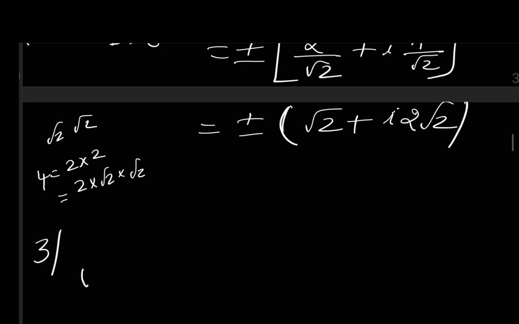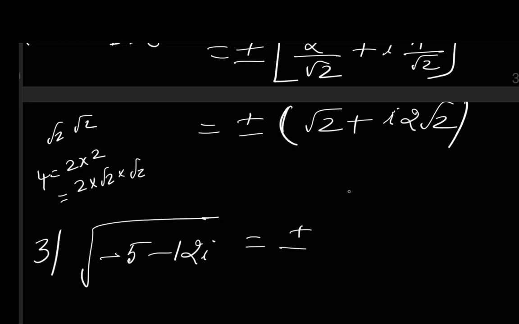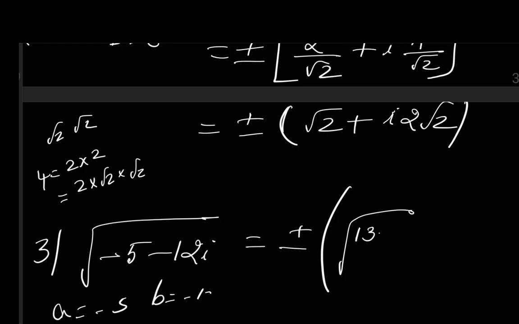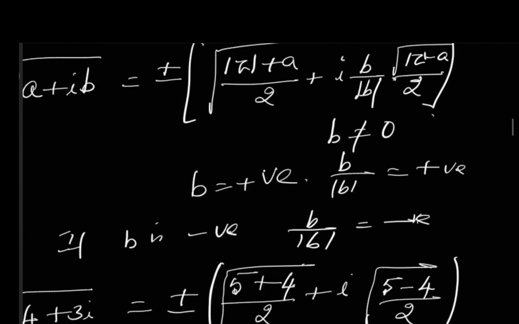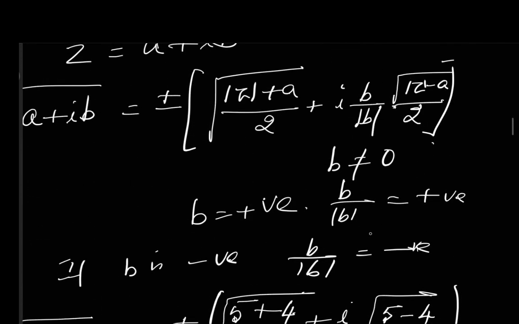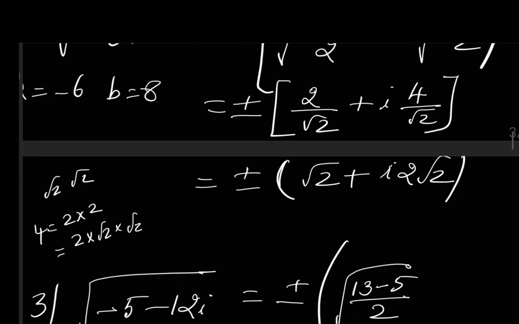Third sum, root of minus 5 minus 12i. This is equal to plus or minus root of modulus z. Modulus z is 5 square 25, 12 square 144, 169. Root of 169 is 13. Then a is minus 5, b is minus 12. So minus 5 by 2. And see here, in the formula, b by modulus b being negative means you will get the minus sign here.